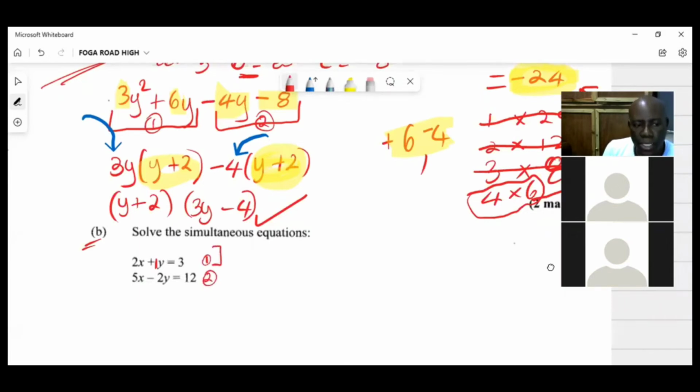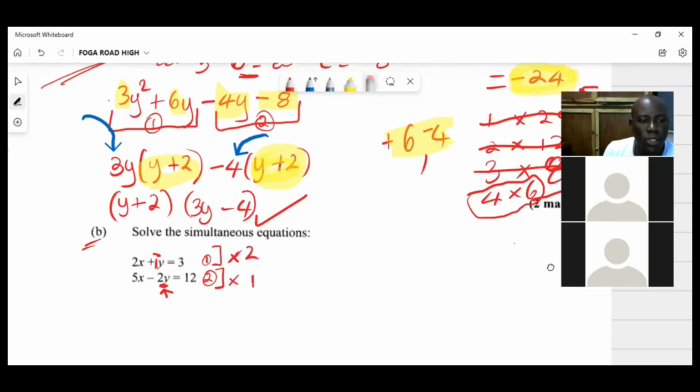We're going to take the numbers that are attached to them and interchange them. Number 1 is up in equation 1, so I'm going to use it down by equation 2. Number 2 is in equation 2, so I'm going to use it up by equation 1.